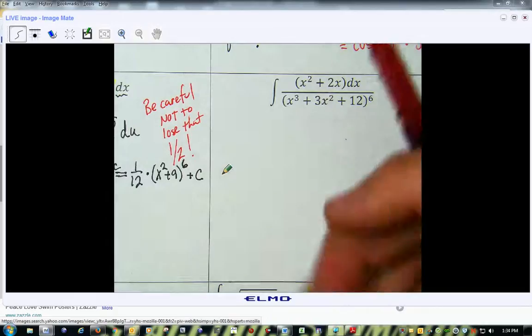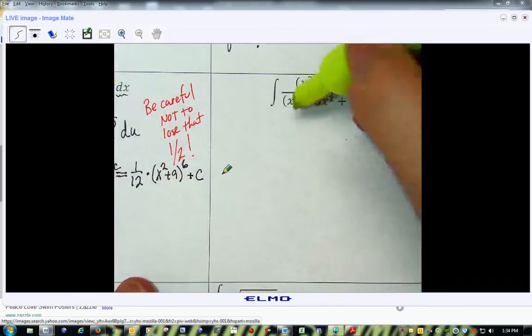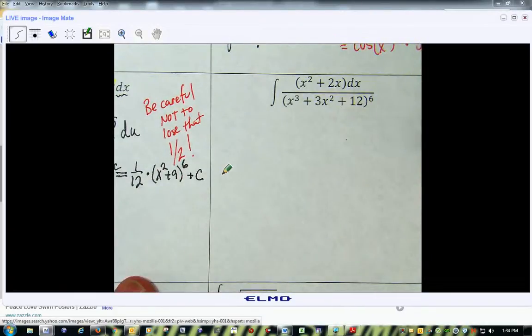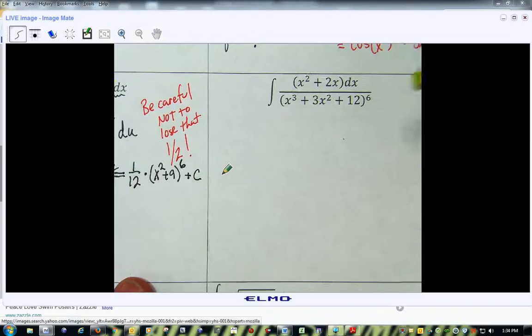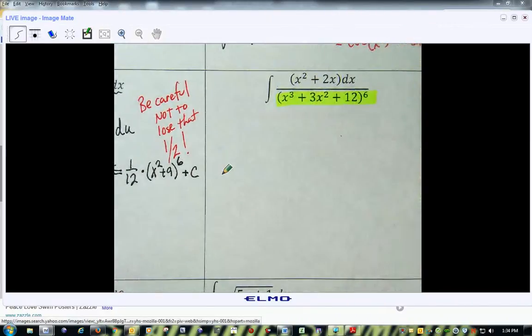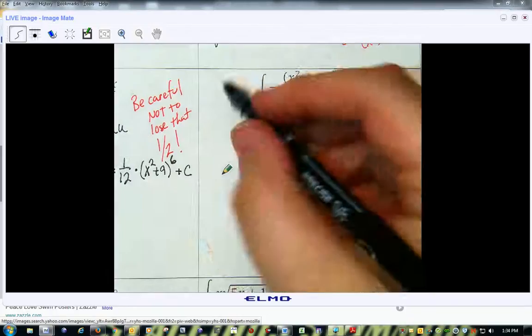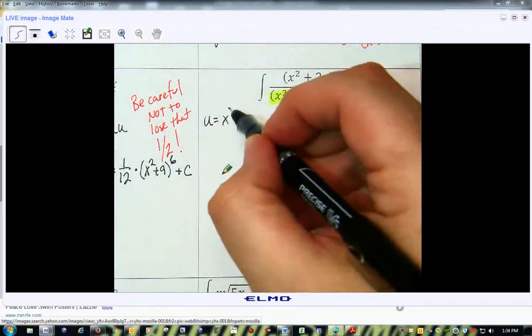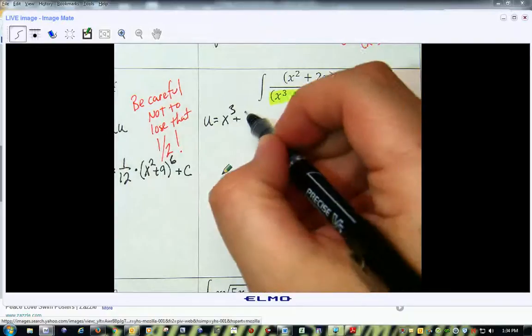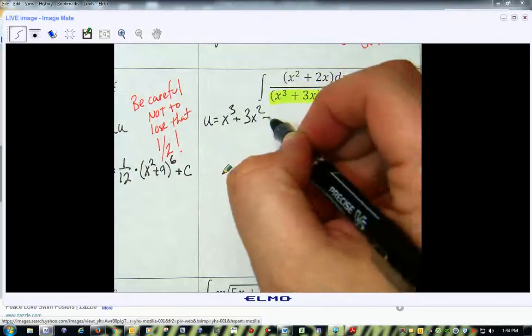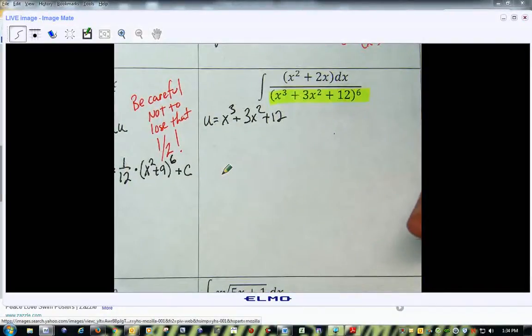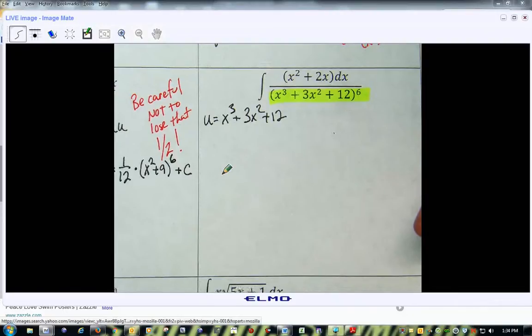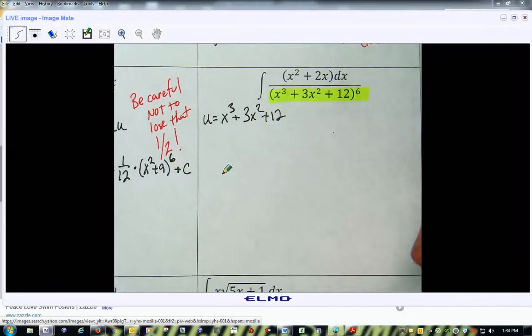Now, what's the most complex function in the third one? The bottom. And what's the inside of the bottom? What's going to be my u? x cubed plus 3x squared plus 12. And when we took the derivative, remember, what's in here is a derivative.